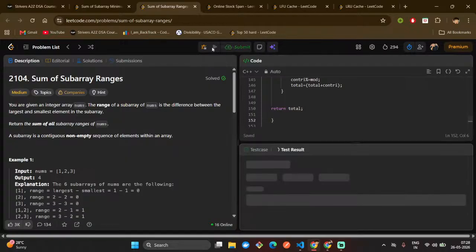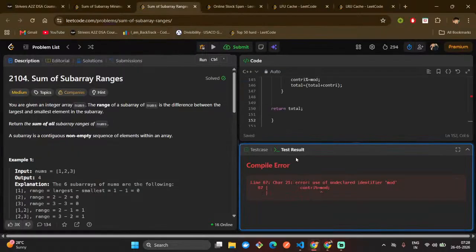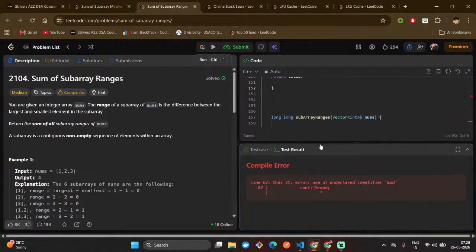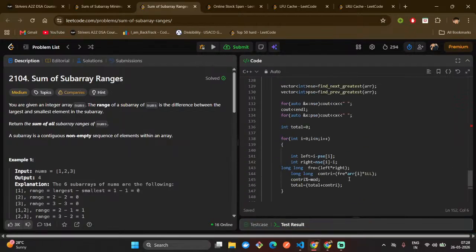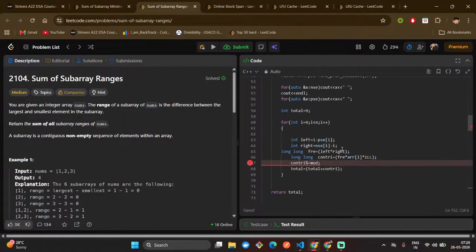Just we have to see the solution of that. I think I wrote the code but left something in the code.